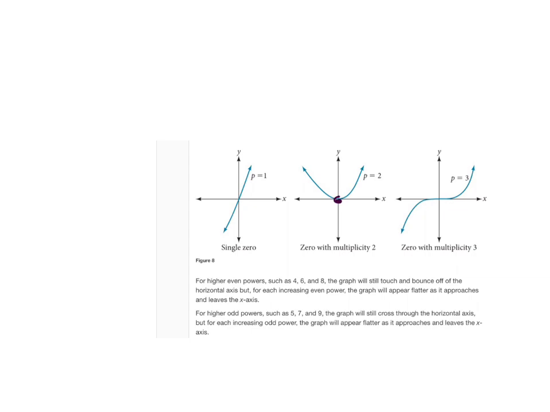If you have a zero with multiplicity of 3, it will appear flatter as it approaches and leaves the x-axis. That's what they're saying in the text. The graph will appear flatter as it approaches and leaves the x-axis.